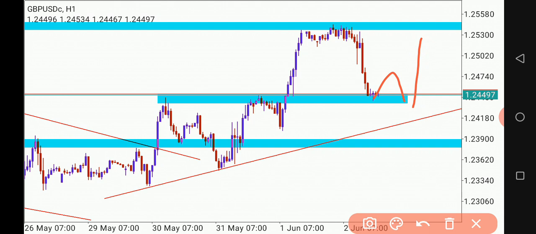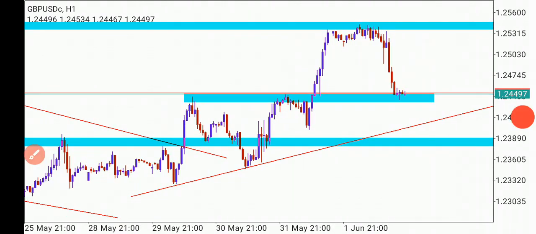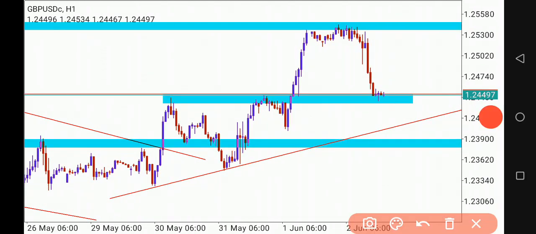But if it does not print this double bottom, we will not look for any buy setups here, but we wait for the market to come to this trend line, this point over here. That's where it will be more wise to enter for a buy, because now we've said it will be the first touch, second touch, third touch.